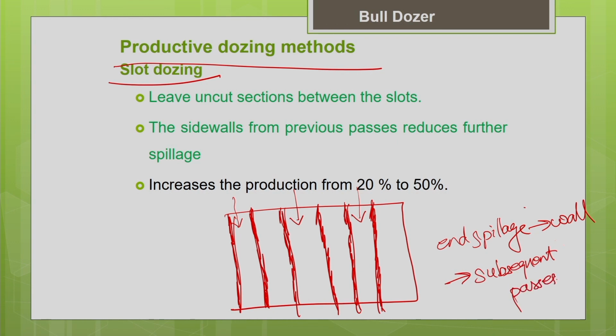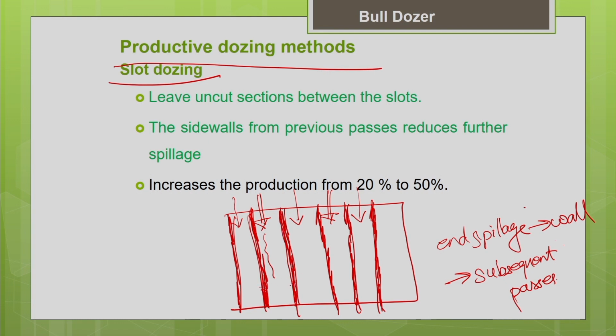Now you allow the bulldozer to go through the gap between the two cuts. When it is going through this gap, the end spillage formed through the earlier passes is already acting like a wall.